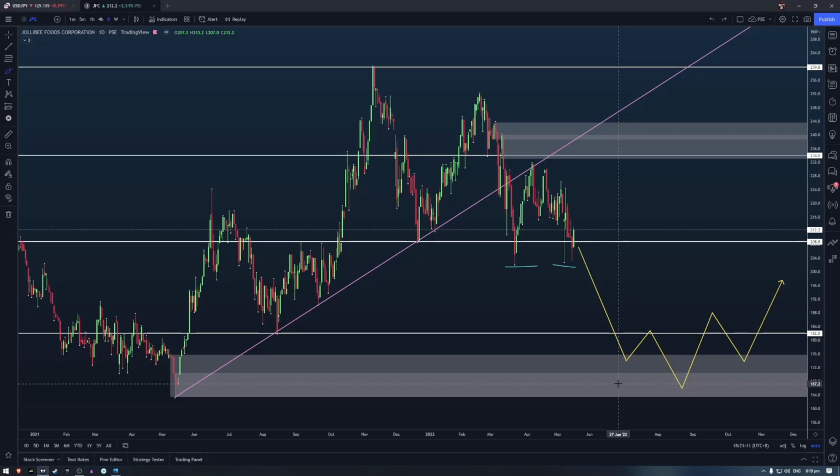Kapag pag bumaba nga siya at makakuha tayo ng price action na gusto natin, then di tayo magdadalawang isip. Papasok tayo, di ba? Both feet, jump into the water. Di ba? Walang pikit-pikit. But for now, wala. Hintay-hintay muna kasi it's caught in the middle of all this chop.